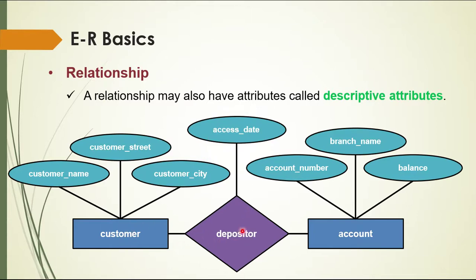So we use an attribute at the relationship. This type of attribute is known as a descriptive attribute. So in this diagram, access date is a descriptive attribute, as it is the attribute of the relationship.